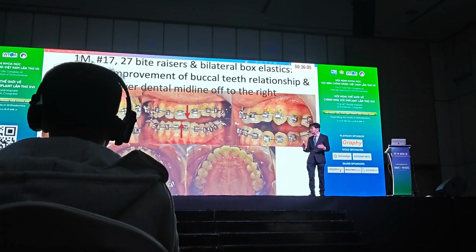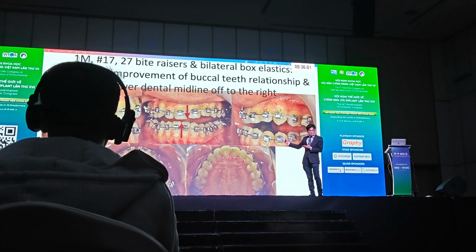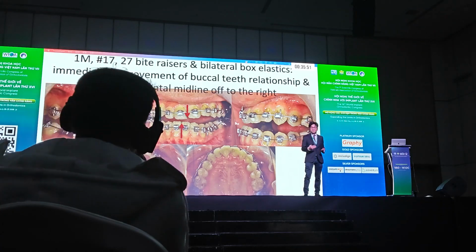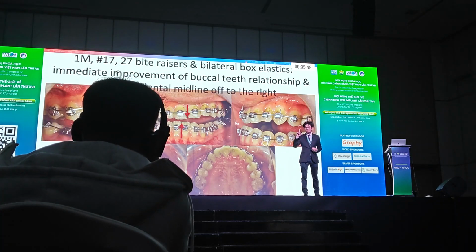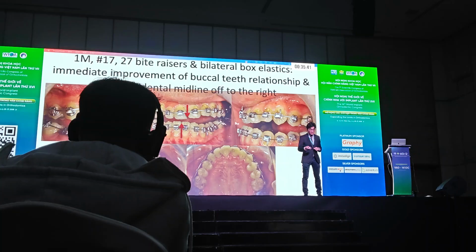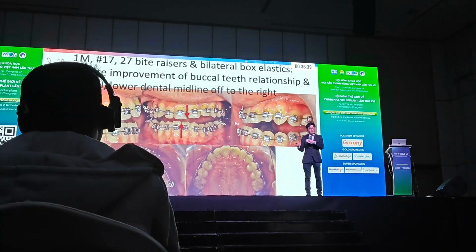I think everyone over here, when you look at this slide, disregarding the open bite, you think, are you able to treat this malocclusion? Yes, of course. Do I need to remove any tooth? Of course not. Why is that? Because there's a very important concept: bone driven instead of occlusion driven.